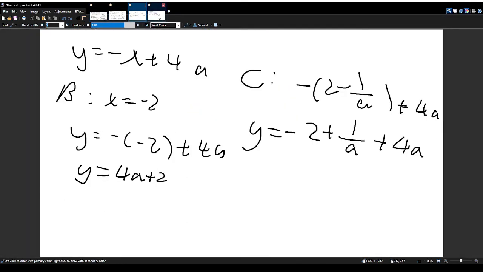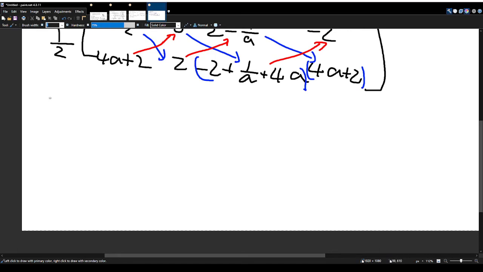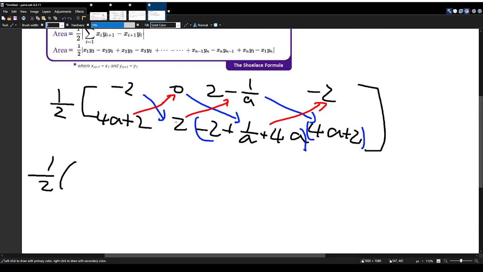So then you have to actually calculate now with some painful algebra. For example, -2 times 2 is -4, plus 0, right? This is just 0. And then this times this, you have to simplify it. This becomes 8a minus 2 over a. And then you're minus.